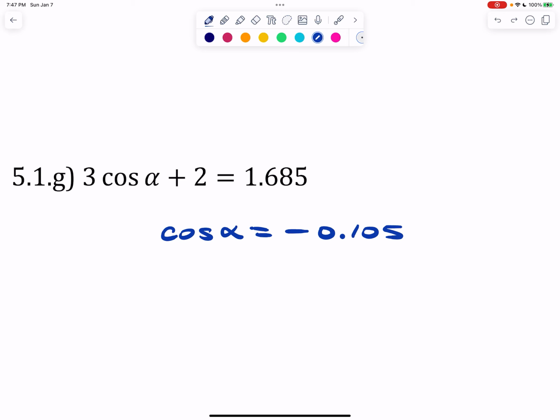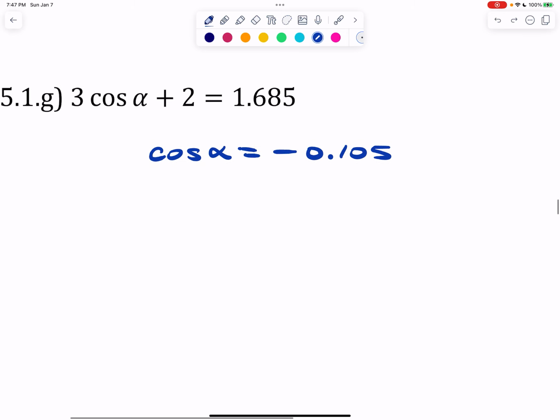From here, this is just like the previous page. We need to find the reference angle. So inverse cosine of positive 0.105 is 84.0 degrees. Cosine is negative, so we must be in quadrants 2 and 3.